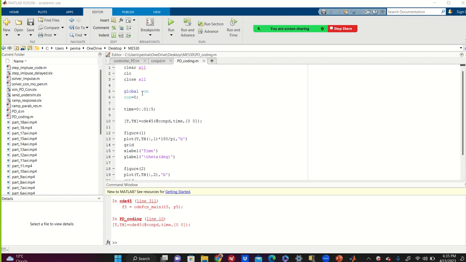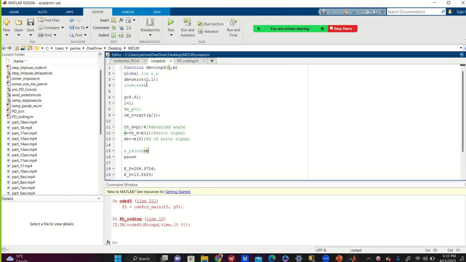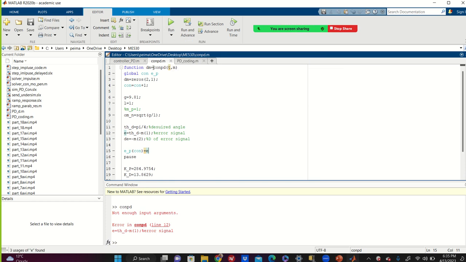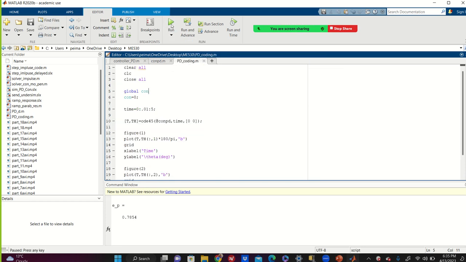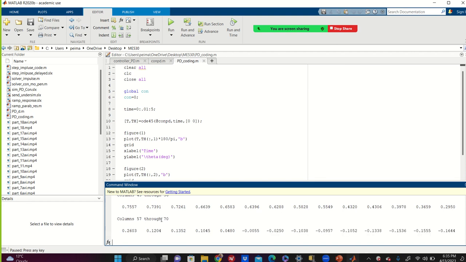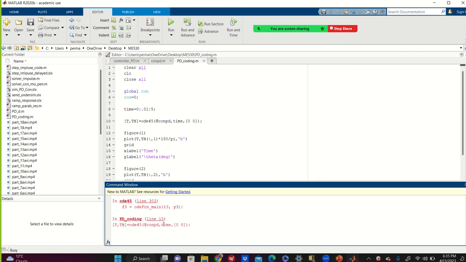Okay, so global counter, the problem was that I didn't declare global EP here. So this works. This is counter. Now you see that if I run this, it's gonna put in the vector. See, it's changing.